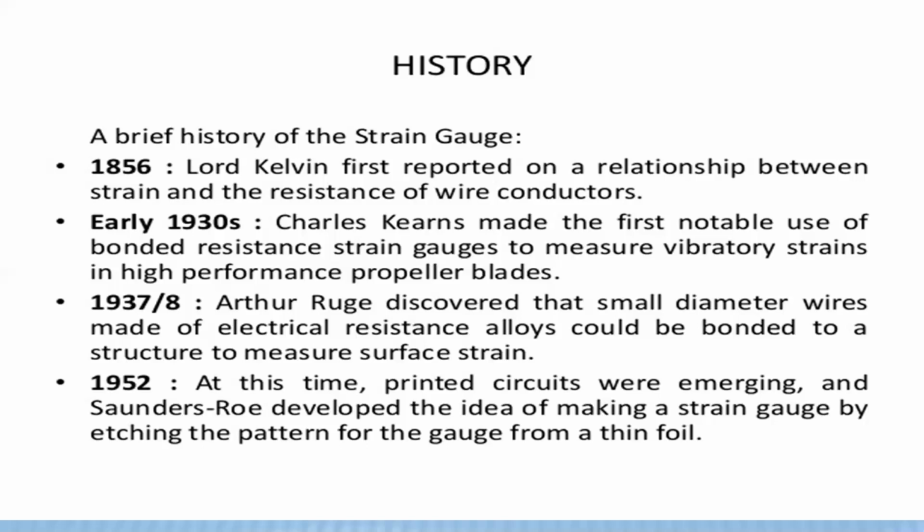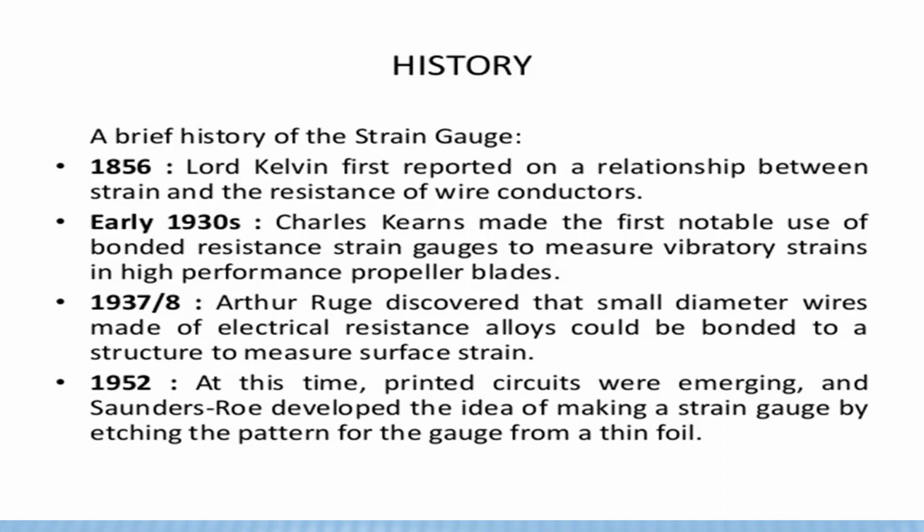A strain gauge is used on the propeller blades to calculate how much force is developed and how much load is acting on them. Next, in 1937 or 38, Arthur Roos discovered that small diameter wires made of electrical resistance alloys could be bonded to the structure to measure surface strain. The surface strains are measured by using these electrical resistance strain gauges.